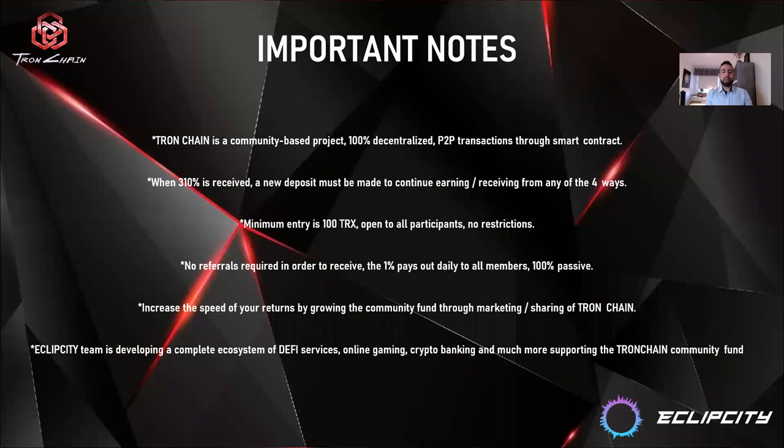You cannot eliminate one part or the other. If you can find a combination, which Tron Chain has done, because we allow both the passive investors and the active marketer to take part, because they are both part of sustaining this, that is what allows Tron Chain to have the success it's having.